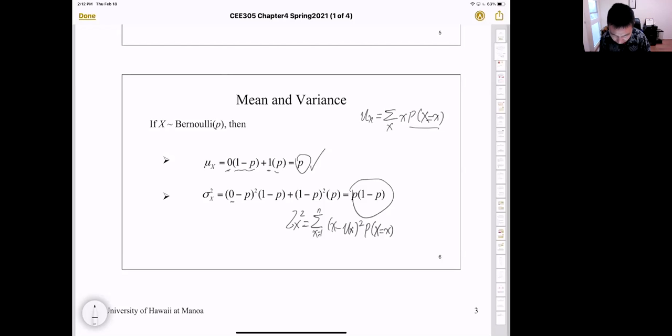When x equals 0, we have (0 minus mu x) squared, where mu x equals p, times the probability for x equal to 0, which is 1 minus p. So this is how we get the mu x and the variance. Just remember, for a Bernoulli trial, the mean value is p, and the variance is p times (1 minus p).